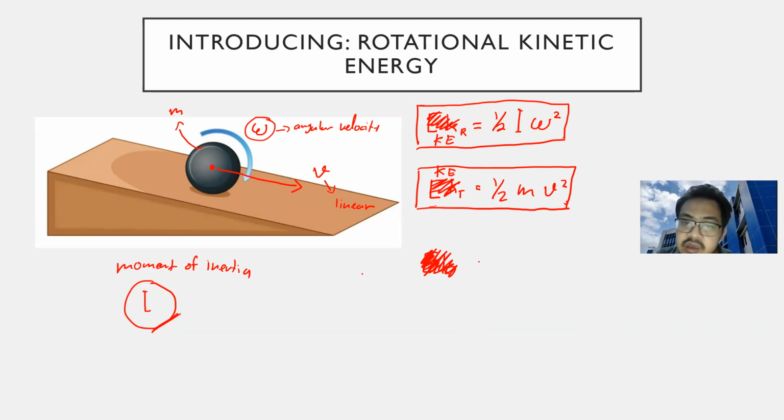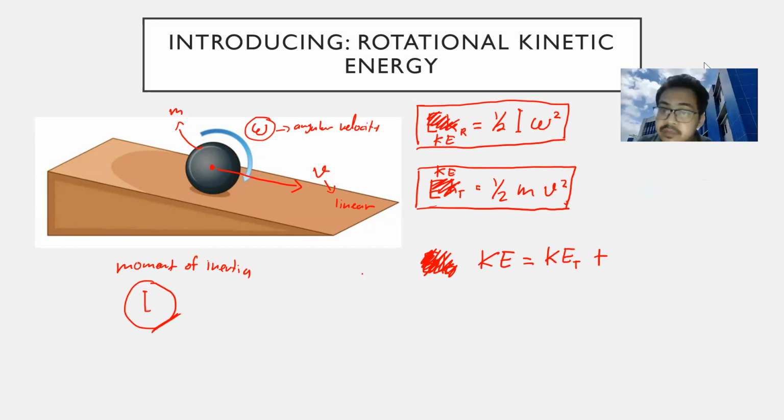The total kinetic energy of this ball, or this object here, is equal to kinetic energy due to the translational or linear motion, plus kinetic energy due to the rotational motion.